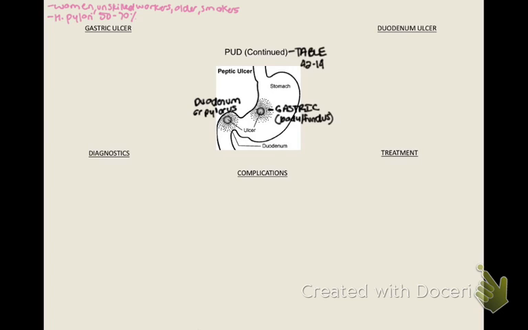And again, with gastric ulcers, you'll see H. pylori 50 to 70% of the time. Again, they can be caused by medications, alcohol, and tobacco. And these are less common than duodenal ulcers. So, clinical manifestations of gastric ulcer. Your pain's going to be high in your epigastric area because it's a stomach ulcer.